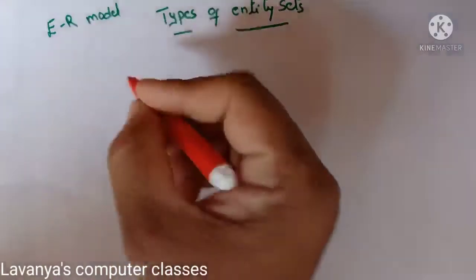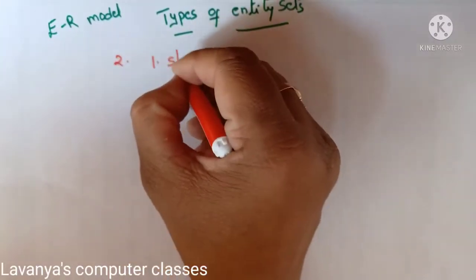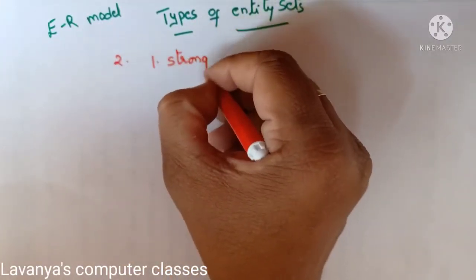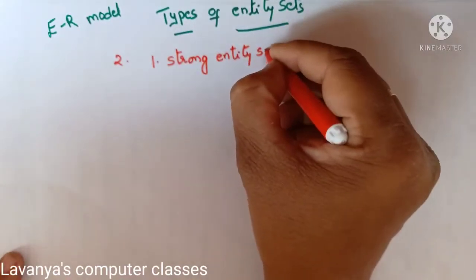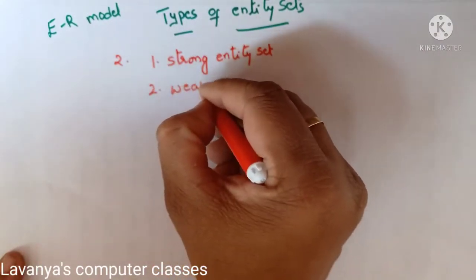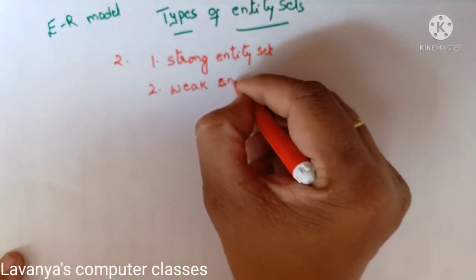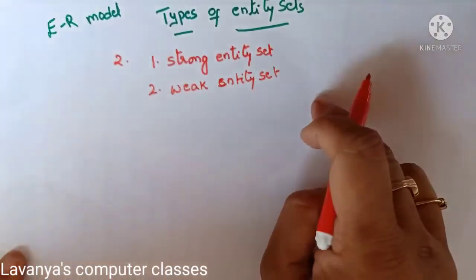Now we go for the different types of entity sets. We have two types of entity sets. One is the strong entity set, and the second one is the weak entity set. So what is an entity? An entity is a real world object.